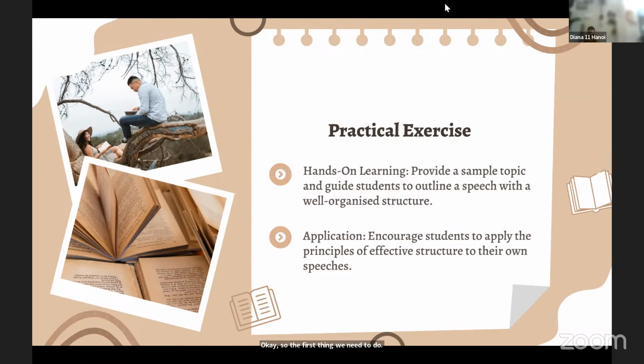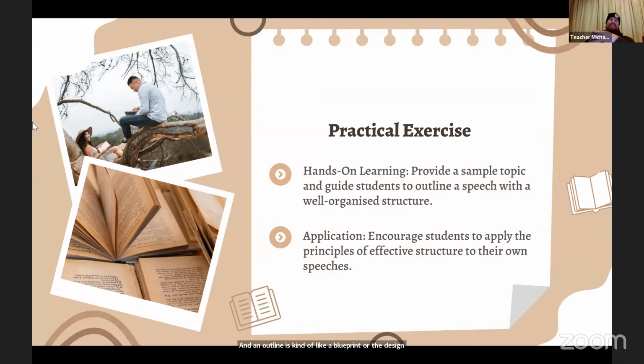Teacher, I have a question, please. Yes, Diana, what would you like to know? What's an outline? Pardon? An outline? Yes. An outline is kind of like a blueprint or the design of something.